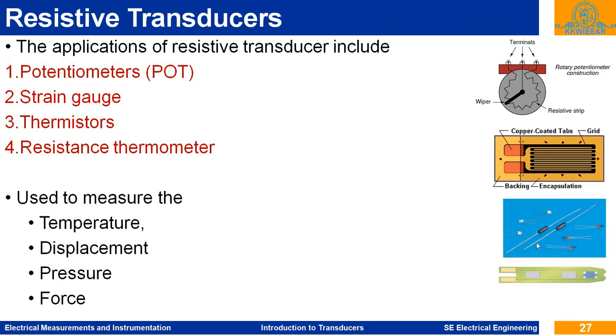These are semiconductor devices. As temperature increases, the resistance of the thermistor changes, and again we can measure the change in resistance. Then resistance thermometers, used for the measurement of temperature. They are also used for the measurement of displacement, pressure and force.